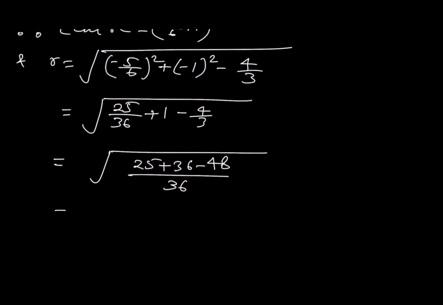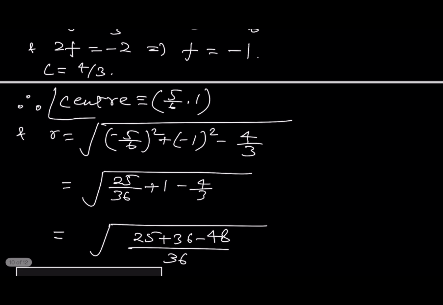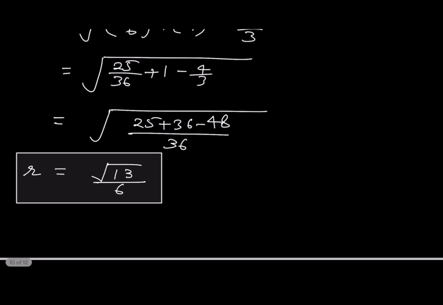So it will become root over 13 upon 36. So this will be root over 13 by 6. This is radius. Okay. So center is 5 by 6 comma 1, and radius is root over 13 by 6.